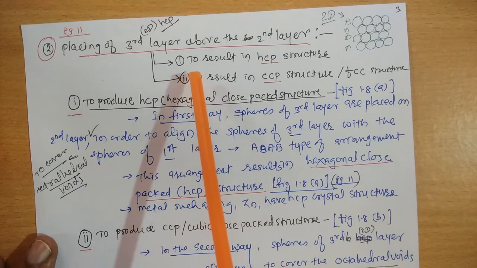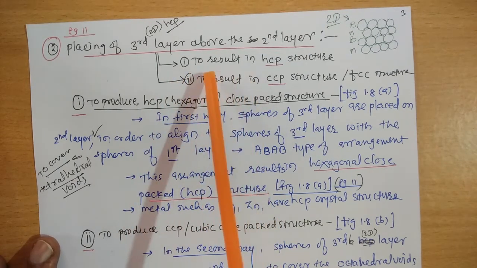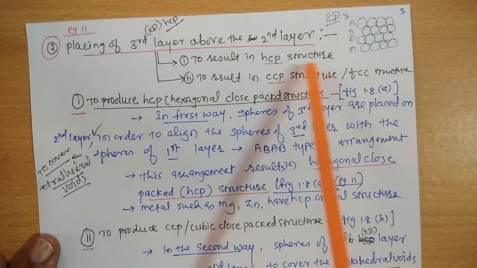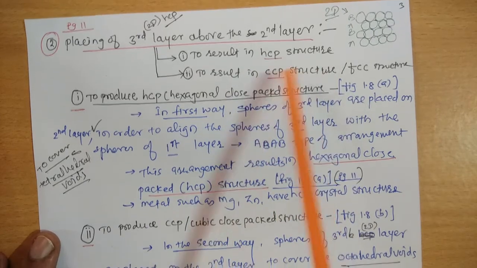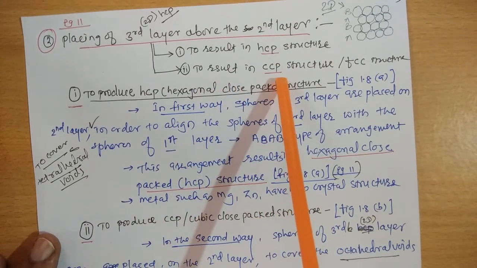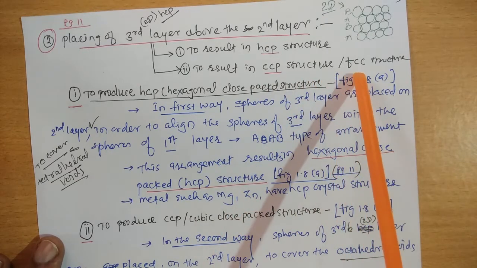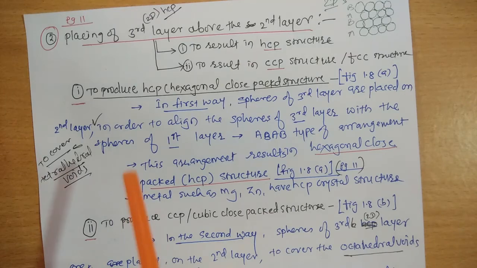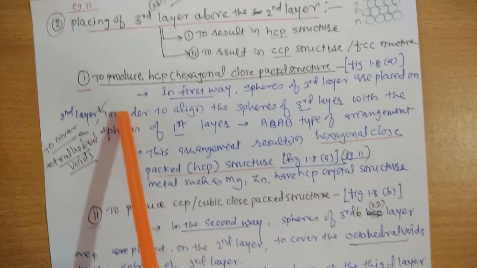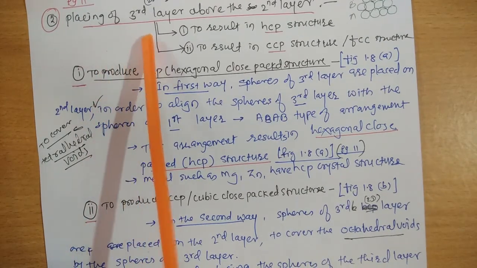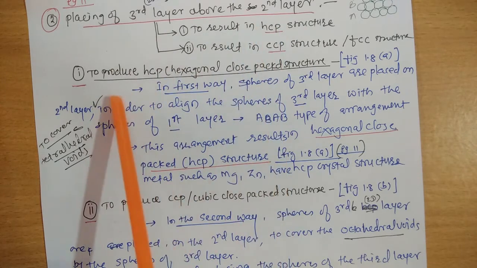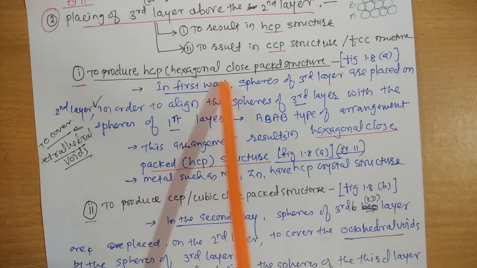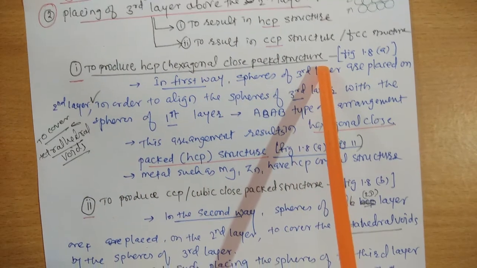Now this can be done in two ways: to result in HCP structure, hexagonal closed pack structure, and to result in cubic closed pack structure or face centered closed pack structure. Let us see the first, that is, placing of the third layer above the second layer to produce hexagonal closed pack structure.